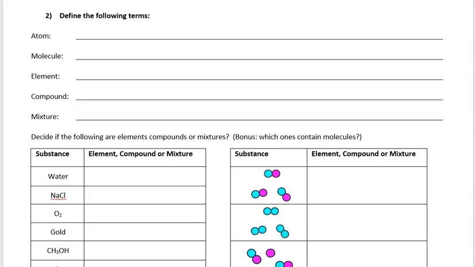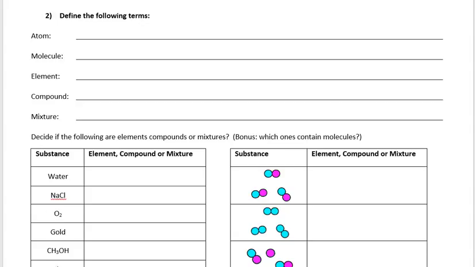A compound is a substance that contains two or more different atoms, so two or more different types of atoms, chemically joined or bonded together. A mixture is a combination of different particles. It can contain elements and or compounds.